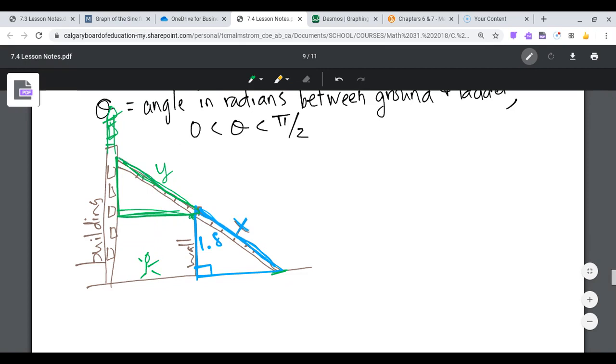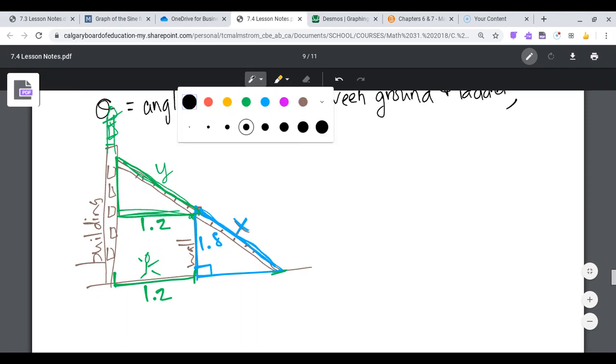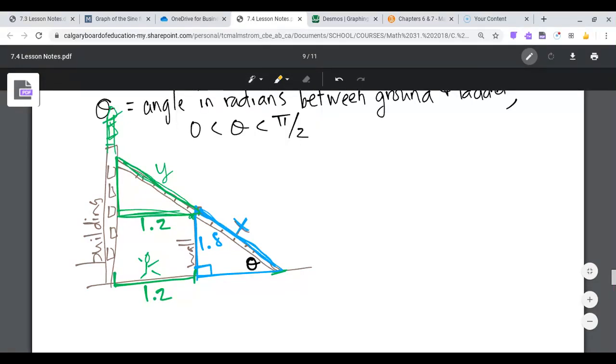And then I've drawn this second triangle up here, a little bit messy. And what do I know about that? I know that the wall is 1.2 meters from the building. So that would mean the bottom of this triangle is also 1.2. And I'm going to introduce the angle theta, which is in between the ladder and the ground right here.